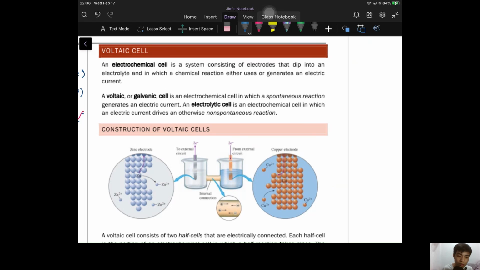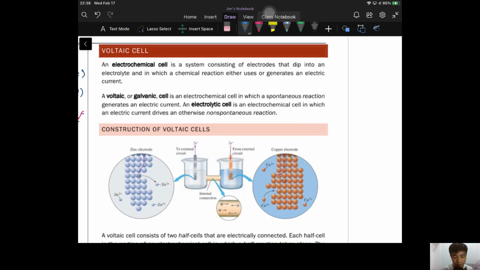Okay. So, yung pagkuryente mo ng gold solution para dumikit yung gold doon sa jewelry, that's a form of electrolytic cell. Okay. So, again, ano yung dalawang types ng electrochemical cell? One is the voltaic or galvanic cell. The other is the electrolytic cell.